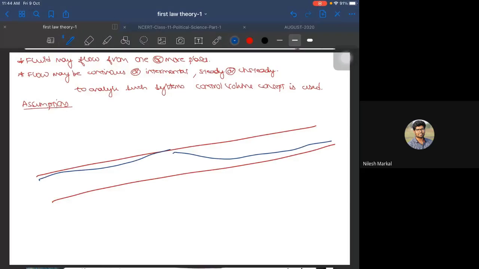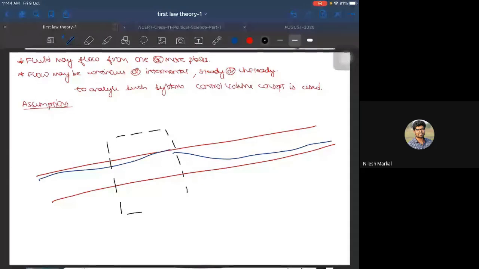If that is the scenario, it becomes very tedious and difficult for us to analyze the whole system. That's why the concept of control volume is used here. In the control volume, we select a particular part of the system and name it the control volume.